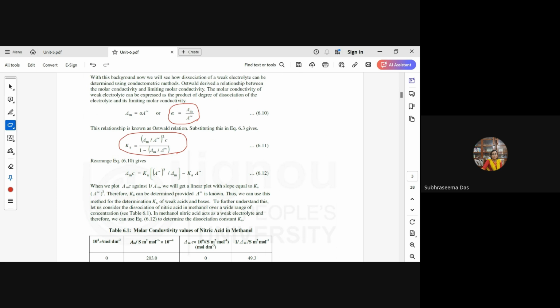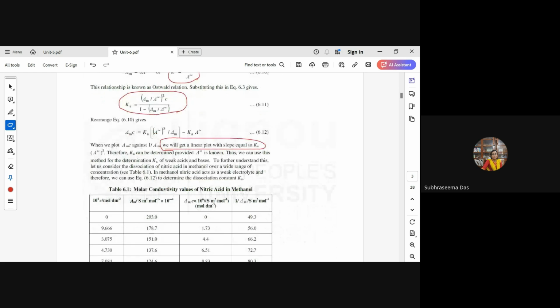Now, if we plot lambda m c against 1 by lambda m, we get a linear plot which gives us the value of Ka, that is the dissociation constant of the acid. Therefore, the Ka can be determined only when lambda infinity is known.